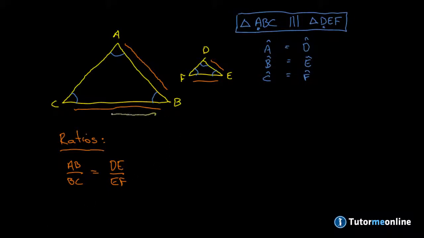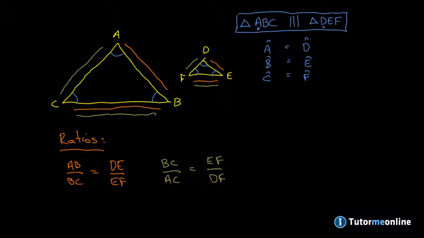Then next we can do the same for BC and AC. So let's say BC over AC would then be equal to EF over DF.